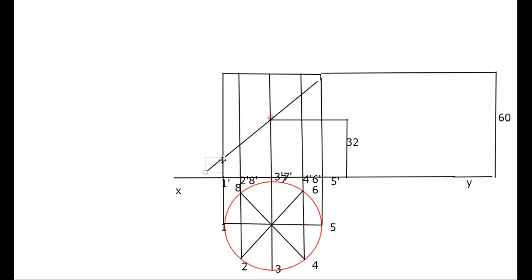Now these are all cutting points, and name these points A dash, B dash, C dash, D dash, E dash, F dash, G dash, and this is H dash.